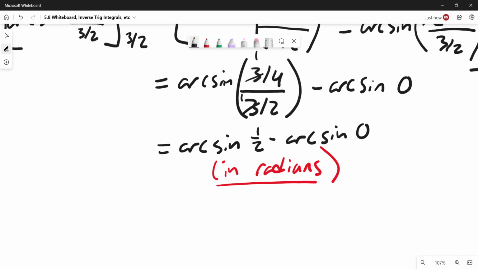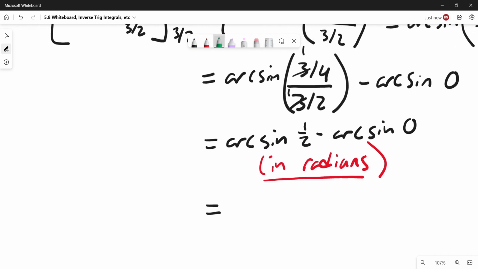Okay, so write your answer in radians, and we're going to just choose the lowest radian, closest to 0. So arc sine of 1 half, again, for those who still don't understand what arc sine is, this is saying sine of what angle gives you 1 half.